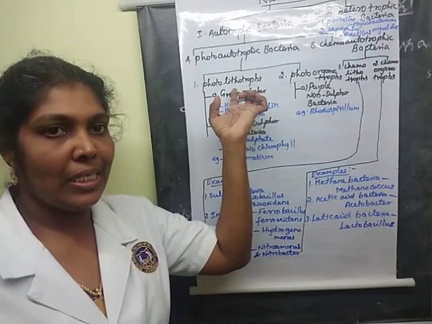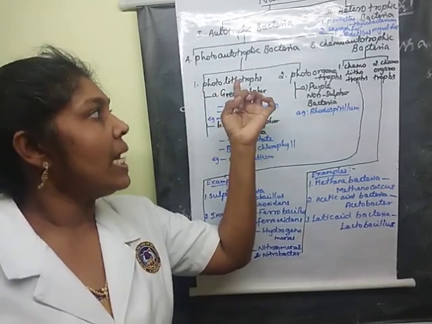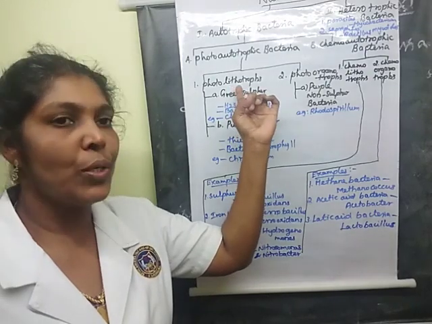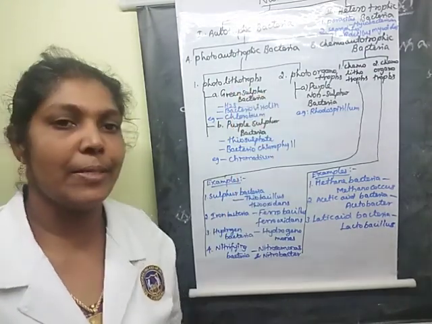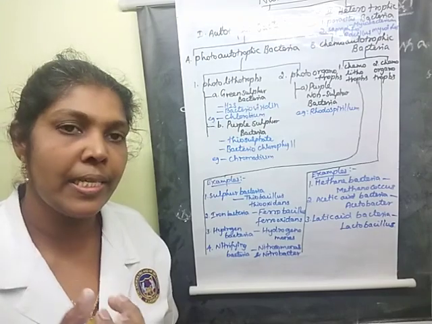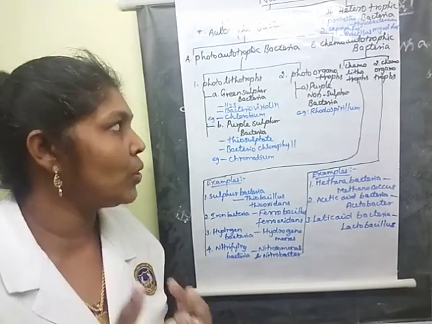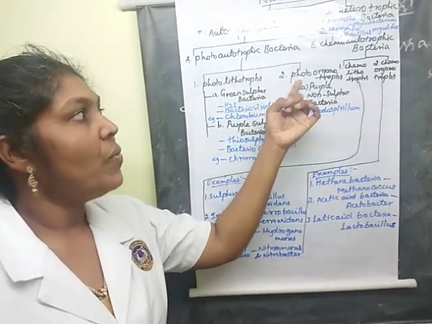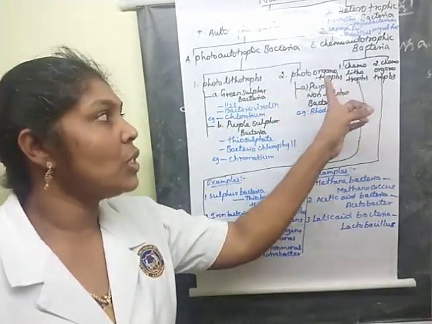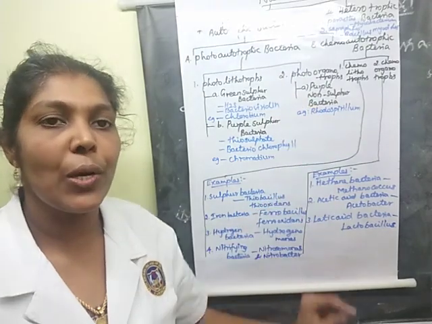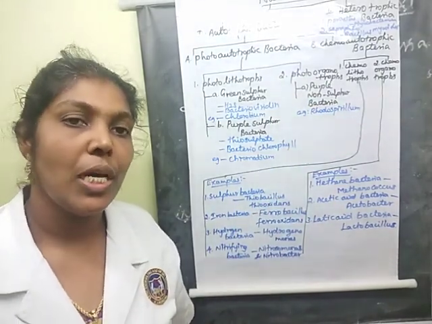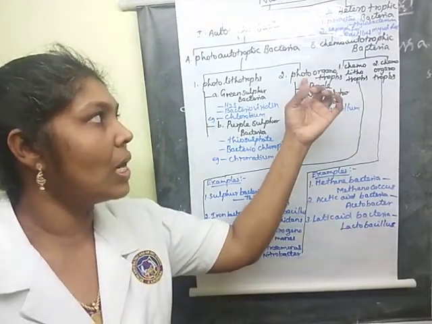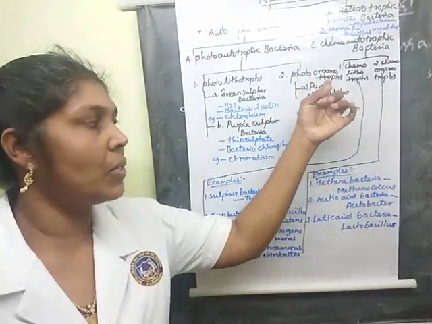Photolithotrophs means, listen children, the hydrogen donor molecule is an inorganic substance. Photoorganotrophs means the hydrogen donor molecule is an organic substance, organic acids or alcohols, and only those can be utilized by photoorganotrophs.